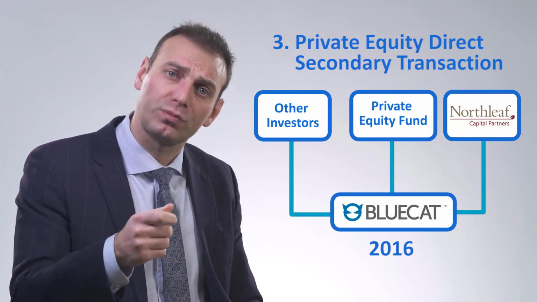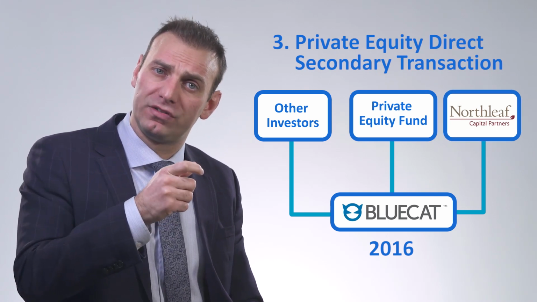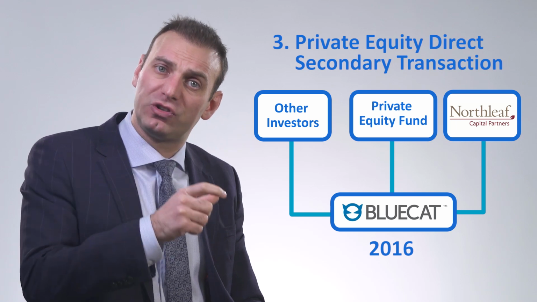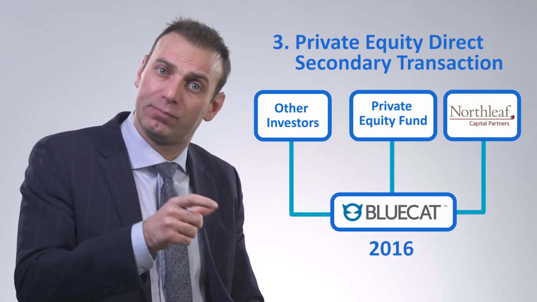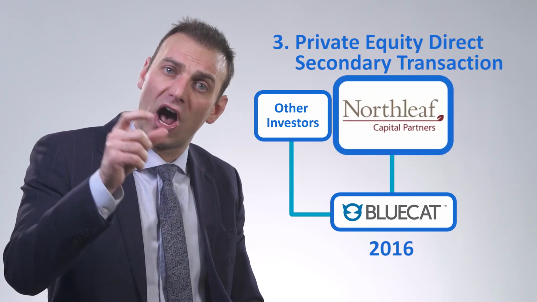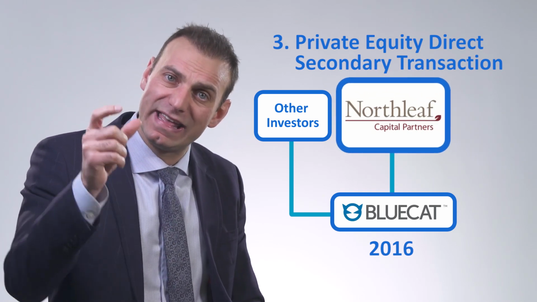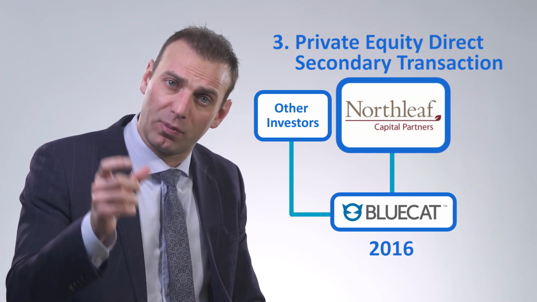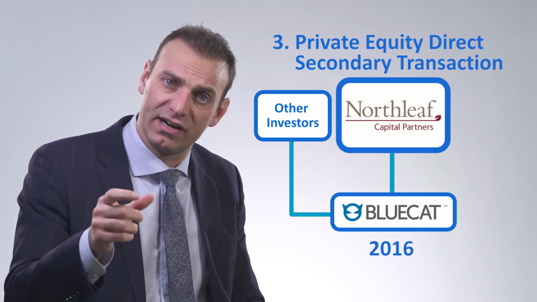And so Northleaf Capital Partners, which already had a relationship with that private equity fund, was able to increase its stake in BlueCat Networks by purchasing the stake of that private equity fund in BlueCat Networks. This is a private equity direct secondary transaction.